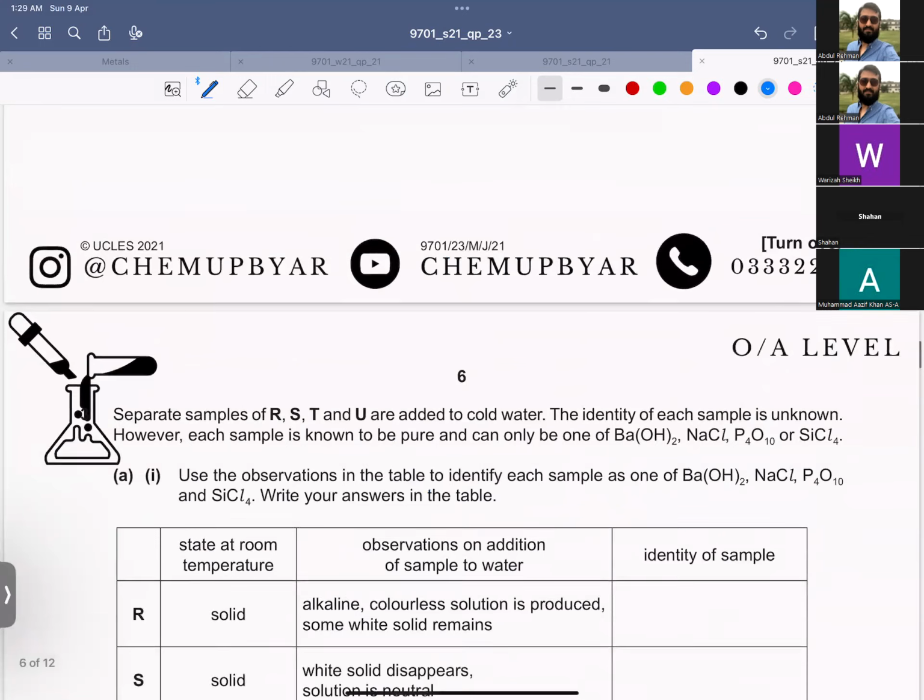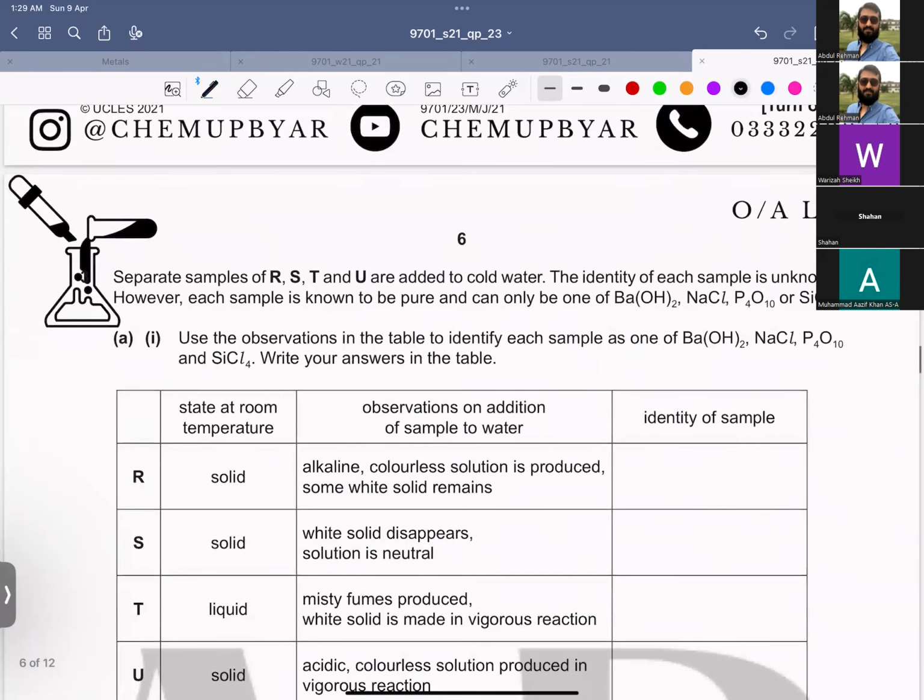Yes, sir. Now, here this is question number 3. Separate samples of R, S, T, and U are added to cold water. The identity of each sample is unknown.